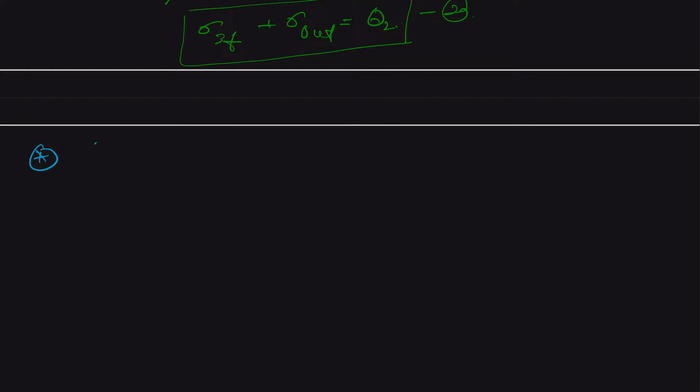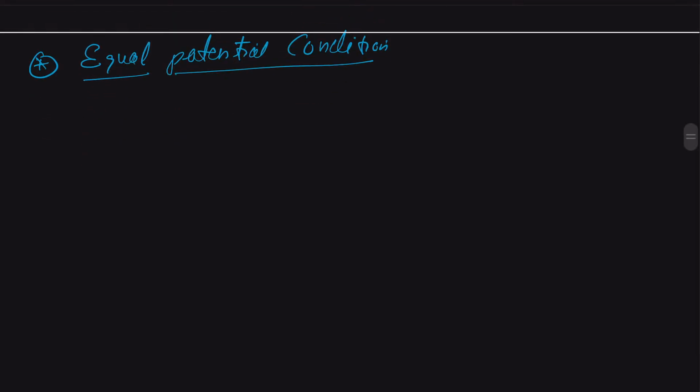So we have our equipotential condition, and so plate 1 is connected to plate 2, and they will be at the same potential, and we can also say that the voltage across the gap is equal to 0.